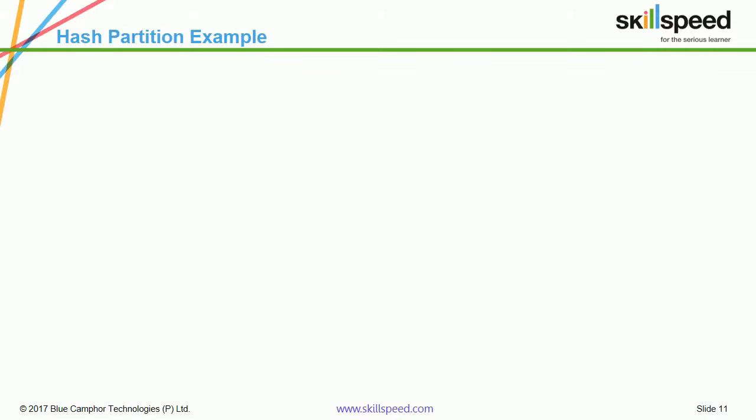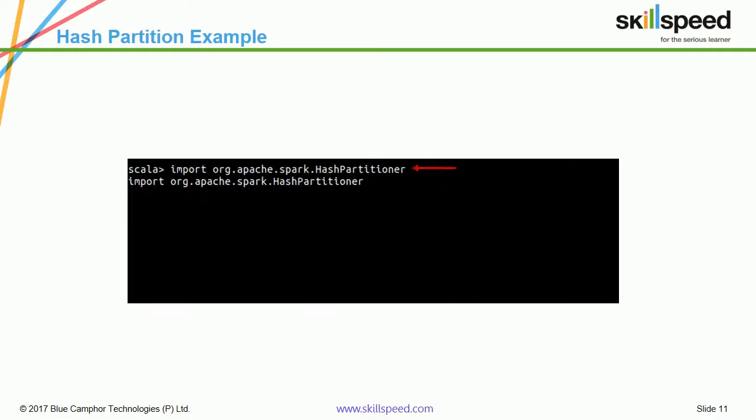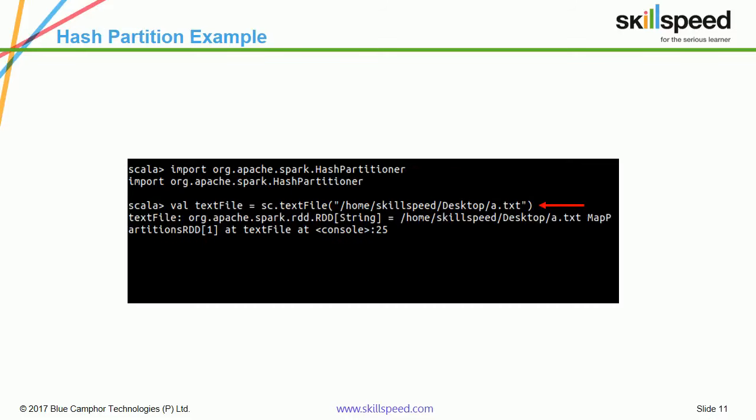So let's take a practical example for using hash partitioner. Here you can see that I'm importing a package called org.apache.spark.HashPartitioner so that I can use hash partitioner in my code. Then I'm creating an RDD called textFile by mentioning val textFile = sc.textFile("home/skillspeed/desktop/a.txt").